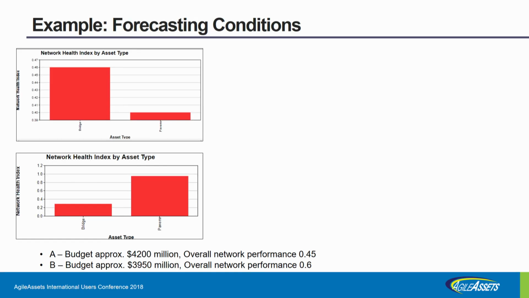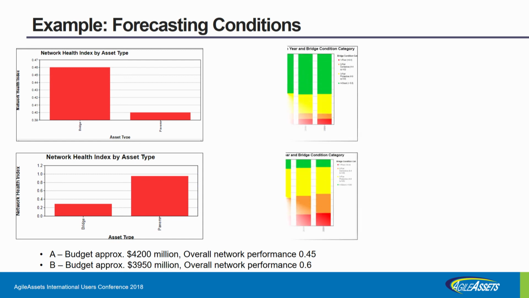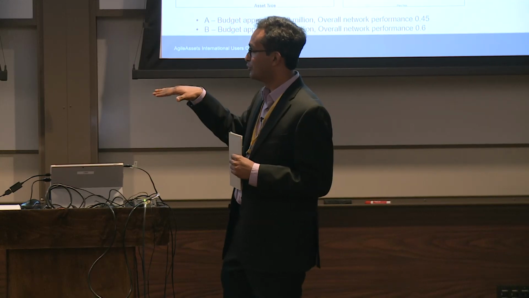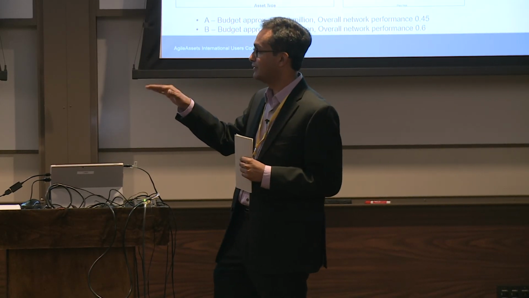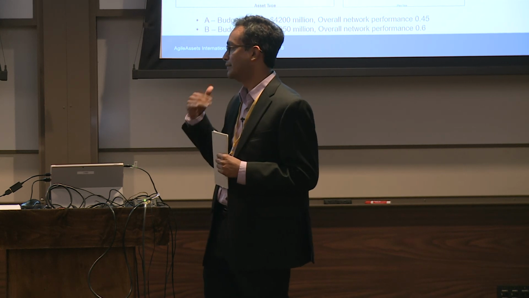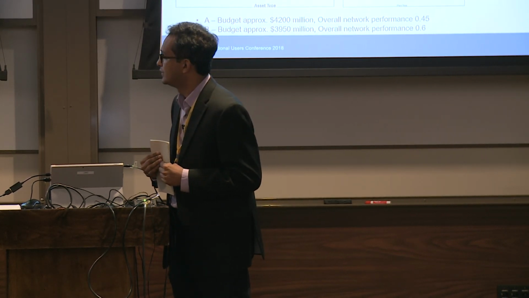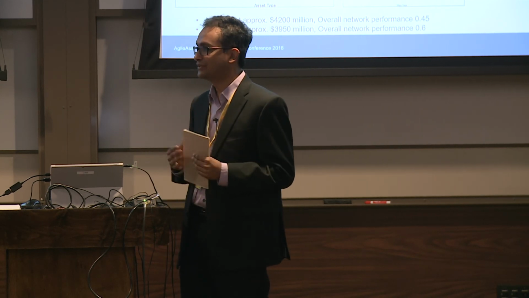So again, we start from this big picture, and the first thing we look at is the bridge performance for investment A and investment B. As you know, for investment B, we hardly spend any money for bridge, and what you see is that the condition of the bridge is deteriorating, right? In the middle graph, the red is increasing. We started with maybe 10% of the bridges in the worst condition.